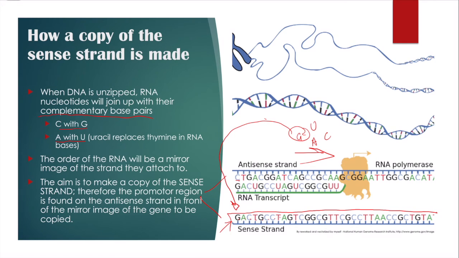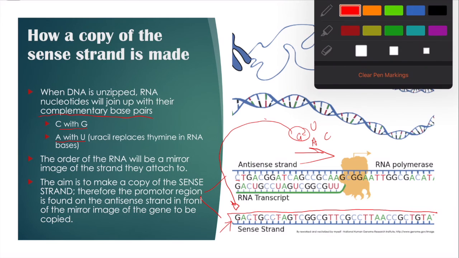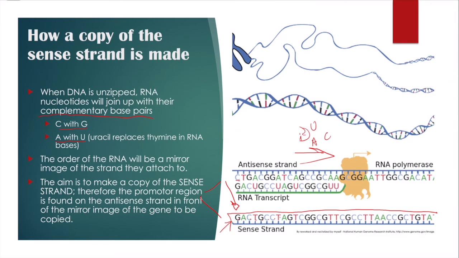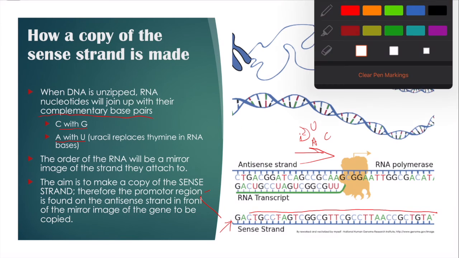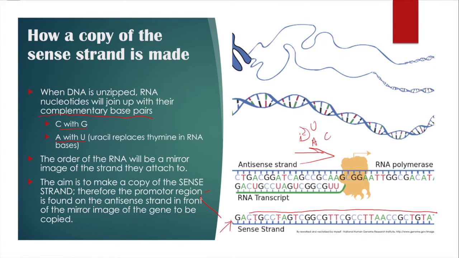He will join up with a C. So he'll go, okay, there's a C there just waiting for a partner, and he'll link up with that C. The A will link up with that T. C will then join up with that G because it's unzipping as it goes. A uracil will join up with the A. I should put 3 little hydrogen bonds there, 2 there, 3 there, 2 there. A G will join up with the C. A C will join up with the G, and so on and so forth.